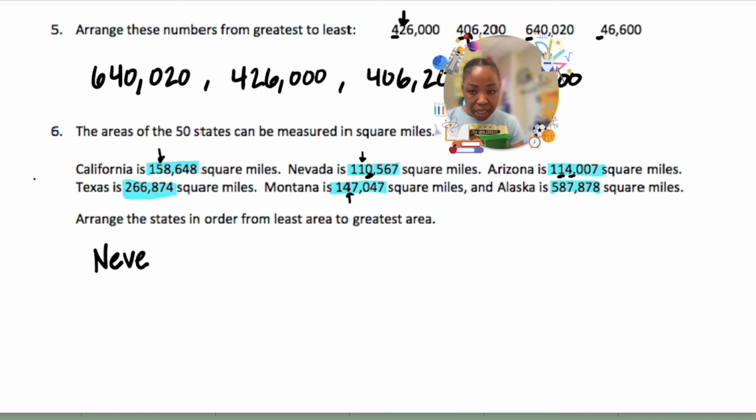So that would leave Nevada with the smallest square miles. 110,567.